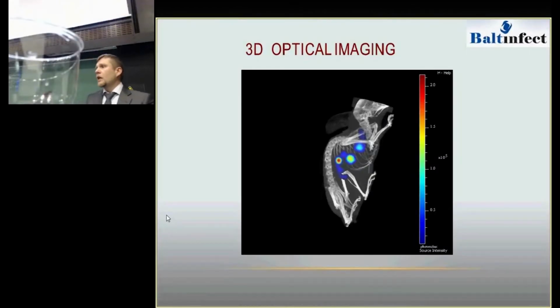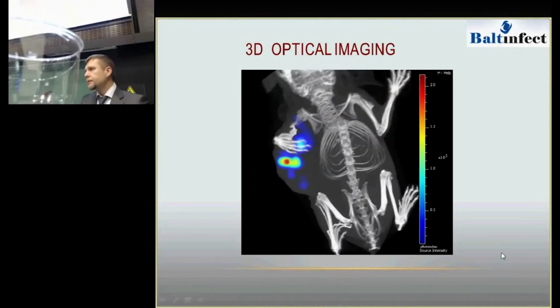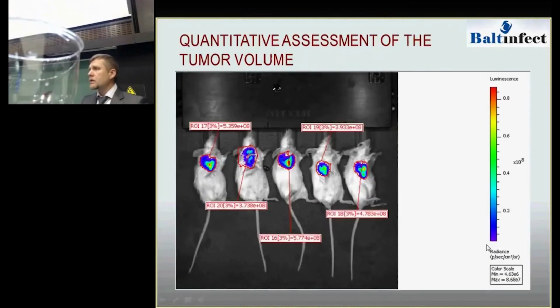And 3D optical imaging allows us to make a quantitative assessment of the primary focus of carcinoma. As was already said here, luciferase activity needs surviving cells.